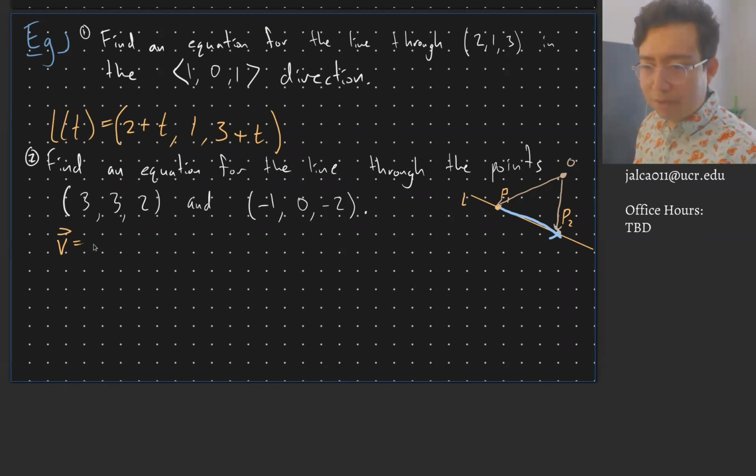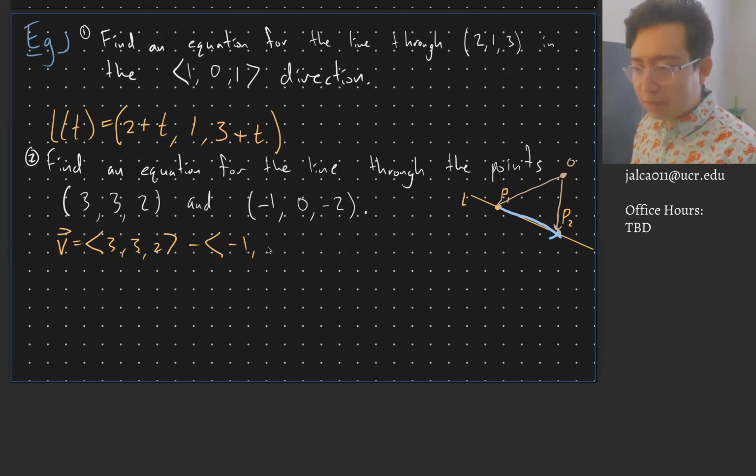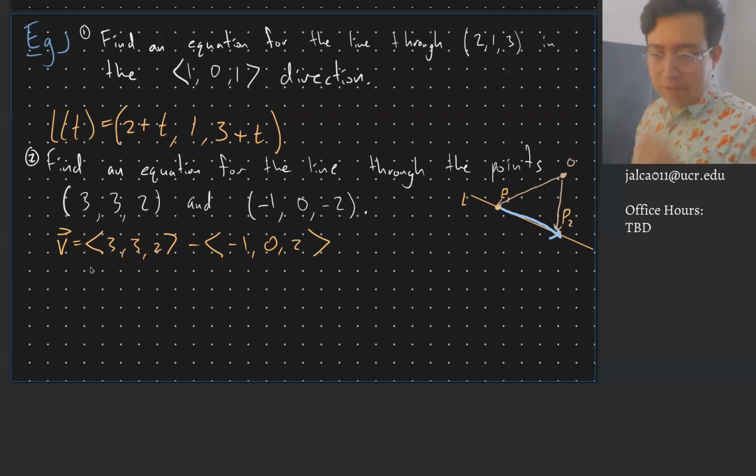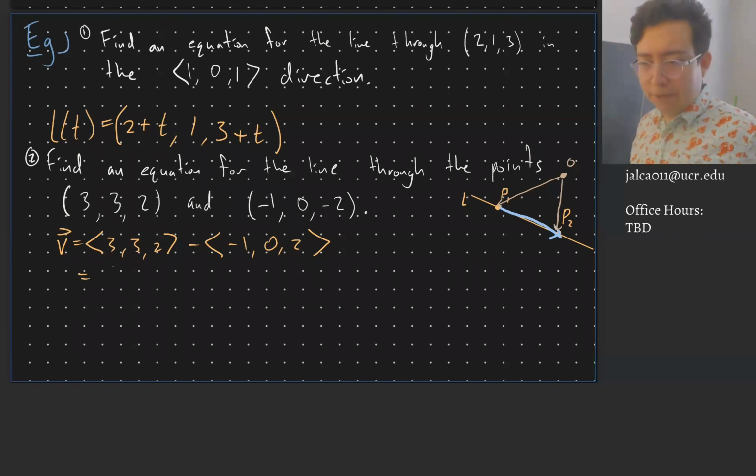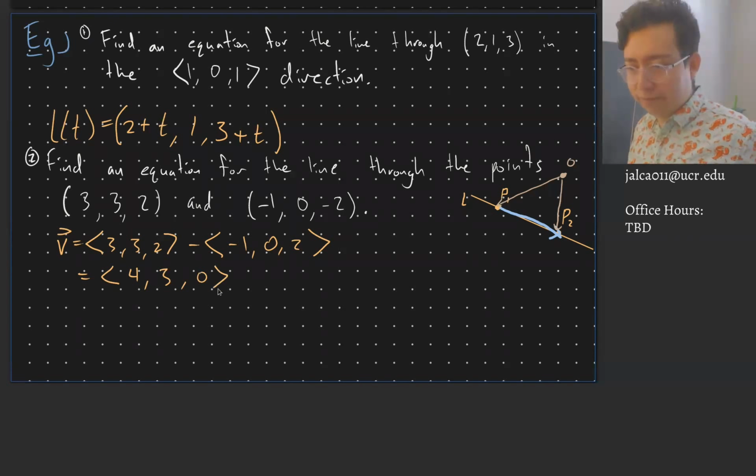So all I'm going to do is, first of all, think of these as vectors based at the origin and subtract. And I do this, and that gives me 4, 3, 0, right? So 3 minus -1 is 4, 3 minus 0 is 3, 2 minus 2 is 0.